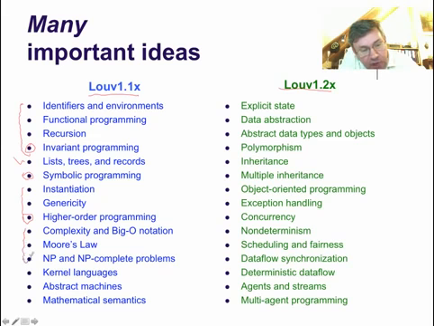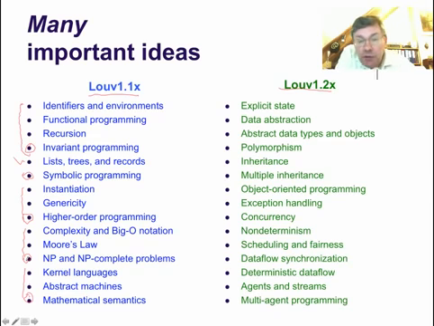Also issues of efficiency, complexity, big O notation, asymptotics, Moore's law, NP, NP-complete problems, and then semantics, mathematical semantics based on abstract machines, kernel languages. So this is all covered in Louvain 1.1x.